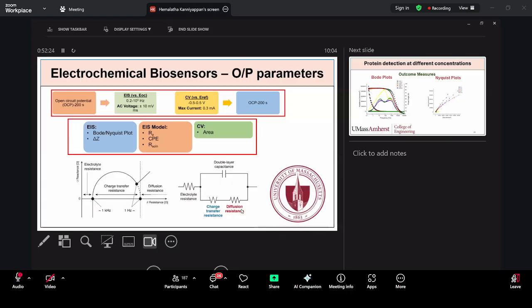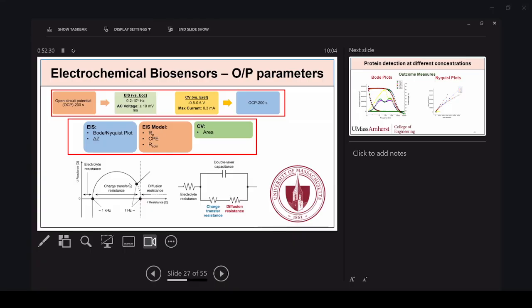Open circuit potential, EIS, electrochemical impedance spectroscopy, which is nothing but the charge transfer resistance and the diffusion resistance. You can see this semicircle followed by the straight line. This is a Nyquist plot, which explains the charge transfer resistance of the analyte present on the electrode surface.